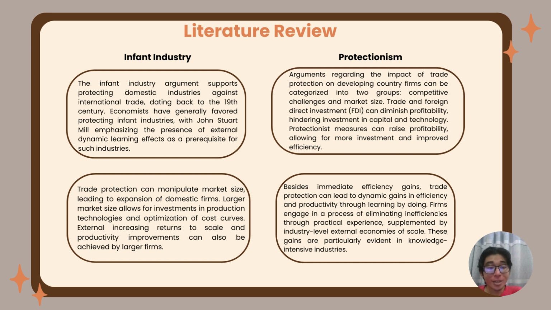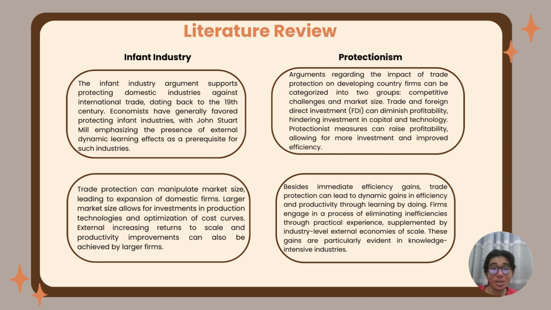Trade protection can manipulate market size, leading to expansion of domestic firms. Larger market size allows for investment in production technologies and optimization of cost curves. External increasing returns to scale and productivity improvements can also be achieved by larger firms. Besides immediate efficiency gains, trade protection can lead to dynamic gains in efficiency and productivity through learning by doing.